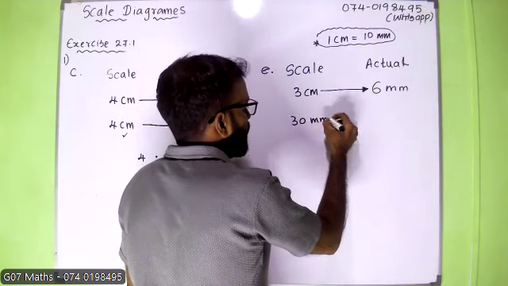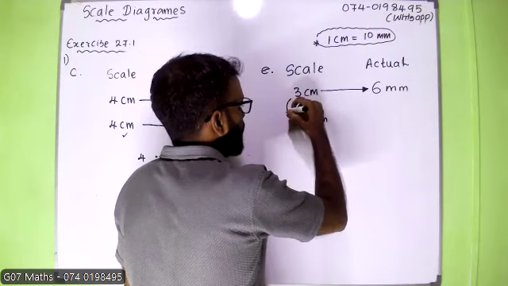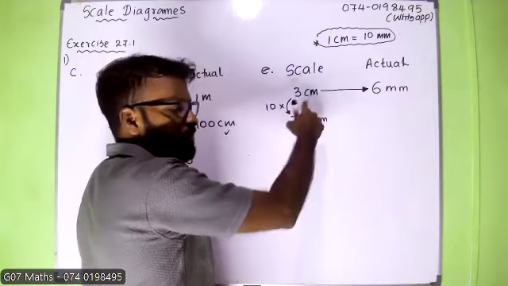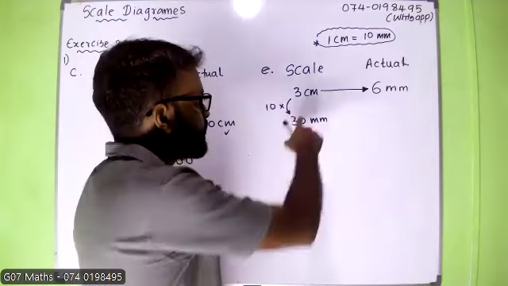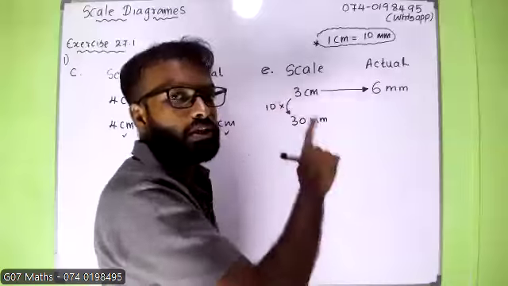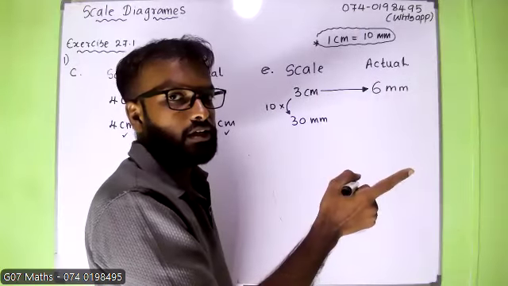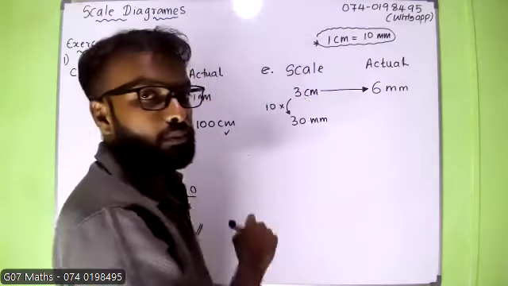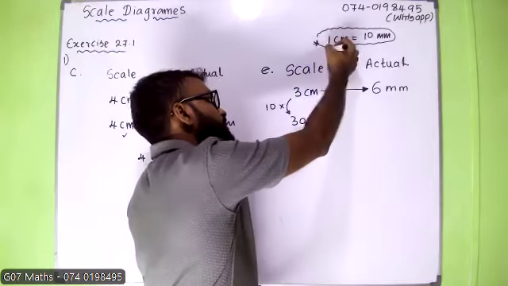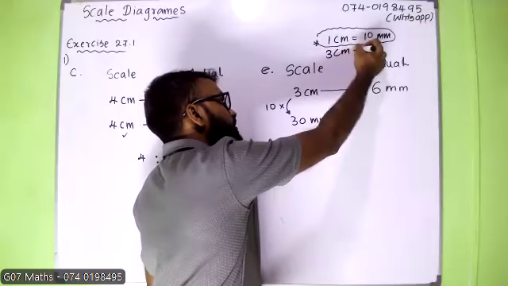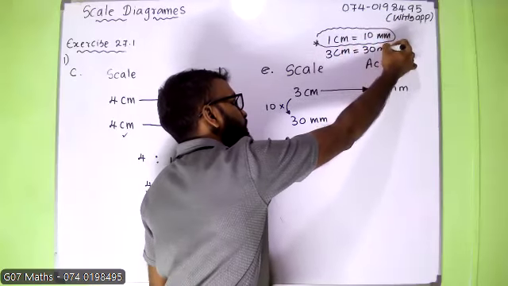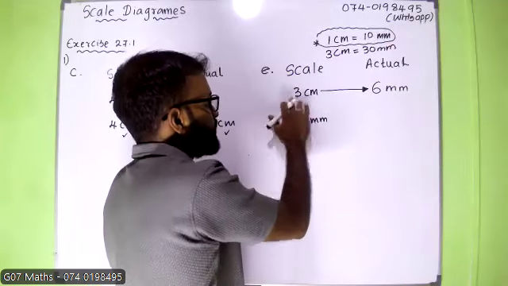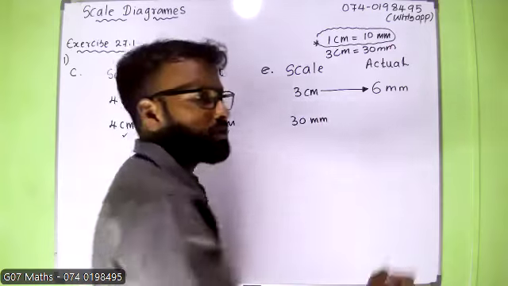You have to multiply 3 centimeters by 10. Unit conversion: if 1 centimeter represents 10 millimeters, 3 centimeters represent 30 millimeters.